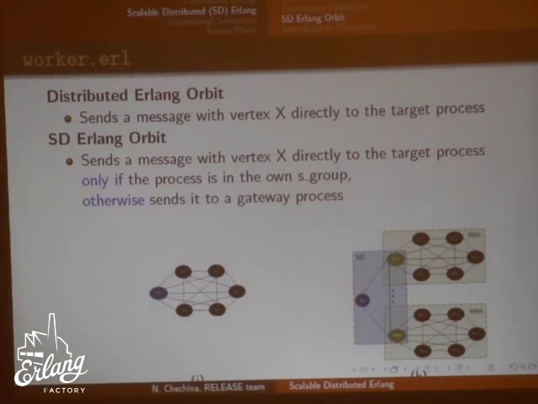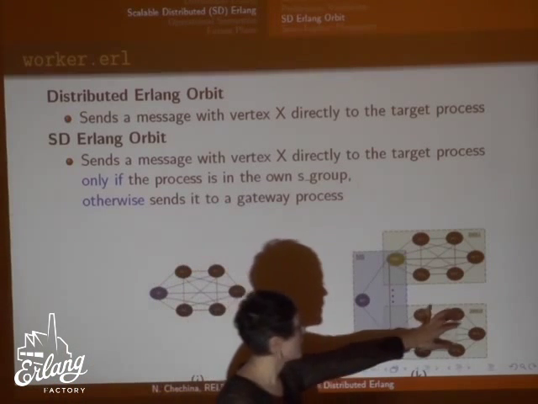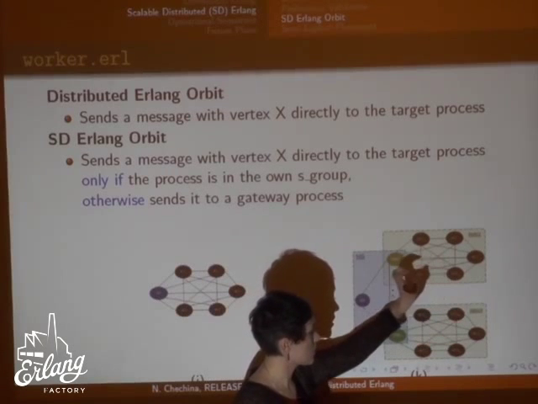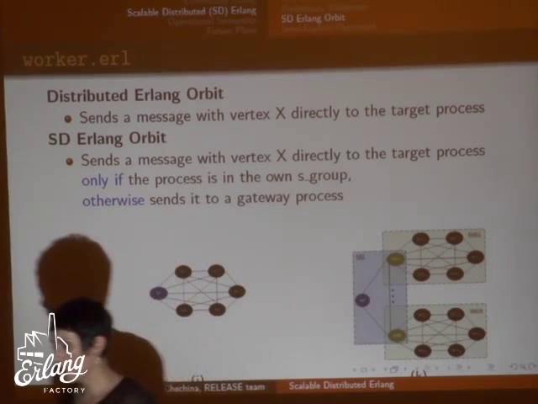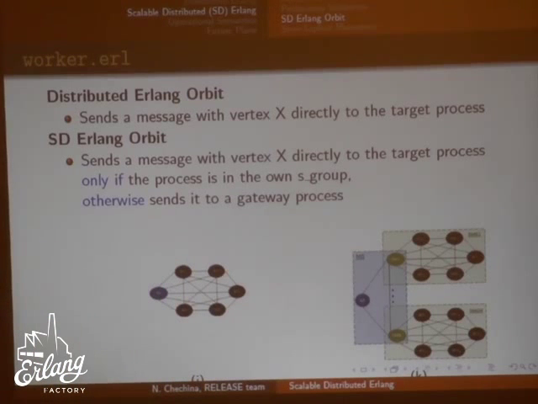And workers, now, for example, when a worker wants to send a process to another worker, it first checks. So we do not use one hash, but two hashes. With the first hash we check whether the worker that we want to send the process to is in the same S-group. If it's in the same S-group, then we just directly send the message. If it's not, then the message goes to a submaster, to another submaster, and then to the worker process.